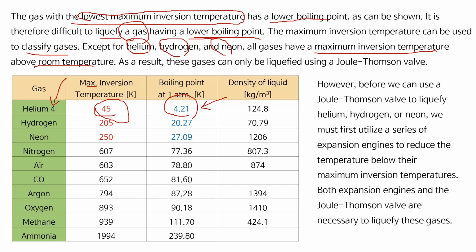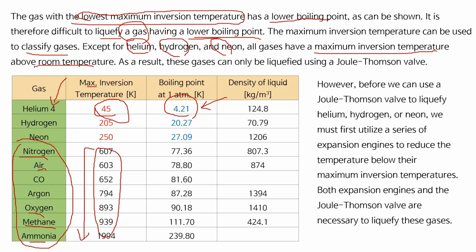You can see here the maximum inversion temperature for other gases: nitrogen, air, CO, argon, oxygen, methane, and ammonia all have an inversion temperature above room temperature, except these three gases: helium, hydrogen, neon.